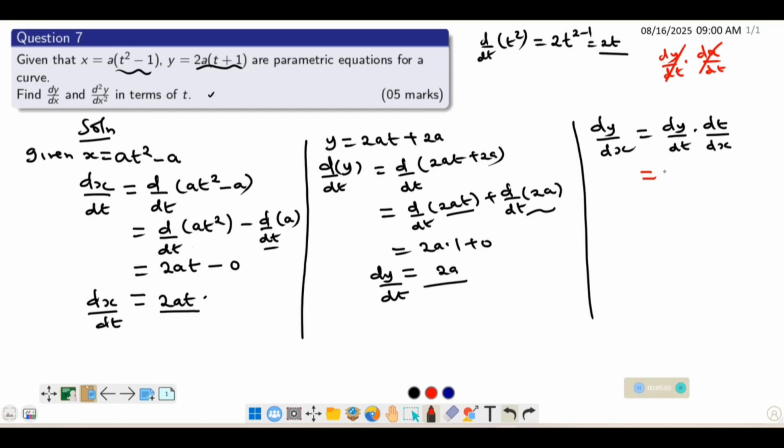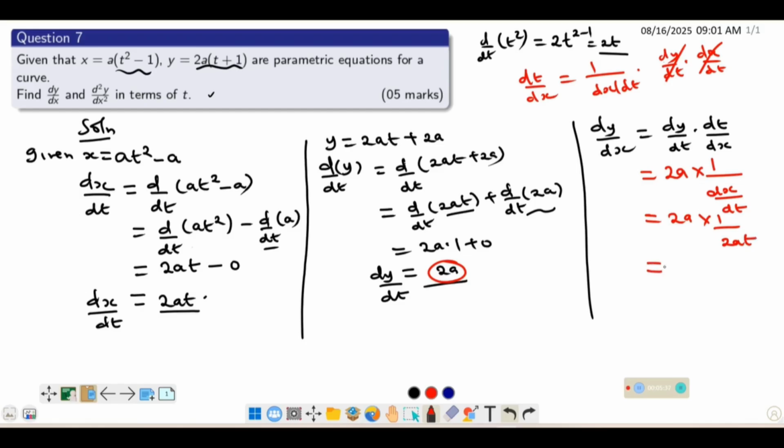You already have your dy/dt, which is 2a. Then for dt/dx, because you have dx/dt, this is the same as 1 divided by dx/dt. In other words, dt/dx is the reciprocal of dx/dt. So this is the same as 2a times 1 divided by dx/dt, which is 2at.